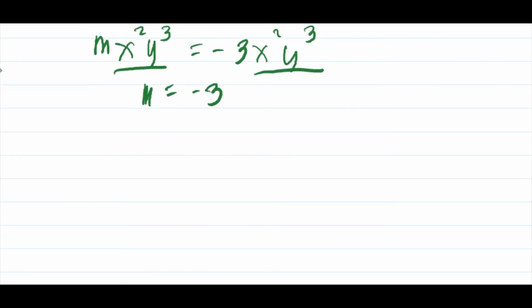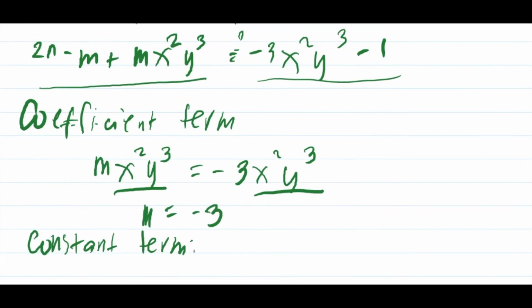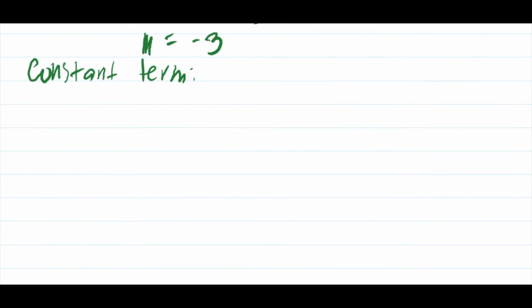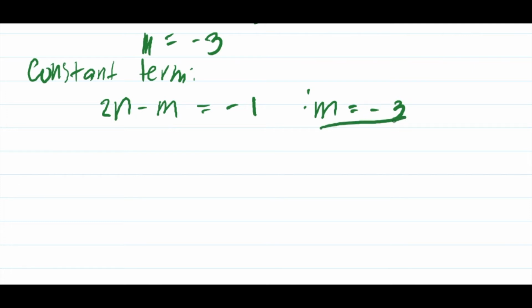Also, in the constant term, we have 2n minus m and negative 1. So 2n minus m is equal to negative 1. Since we found the value of m, which is negative 3, we can substitute it in this equation.